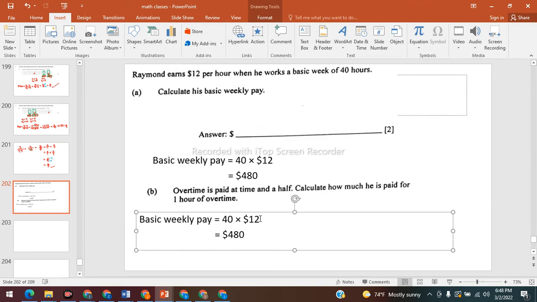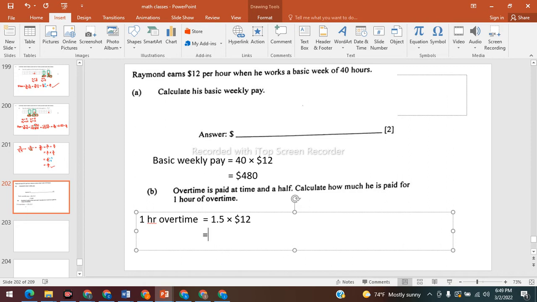So 1 hour overtime is going to be equal to 1.5, that's time and a half, multiplied by 12. This is for 1 hour overtime.